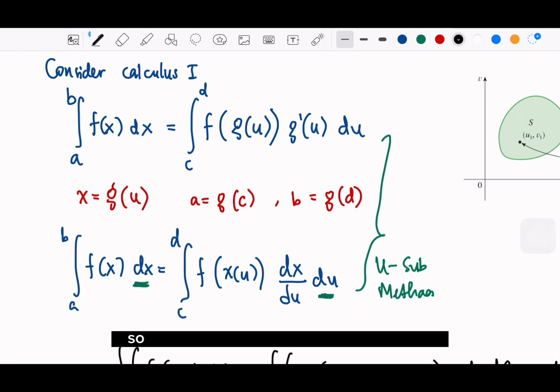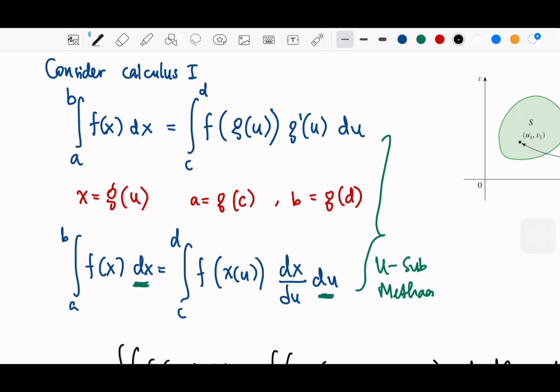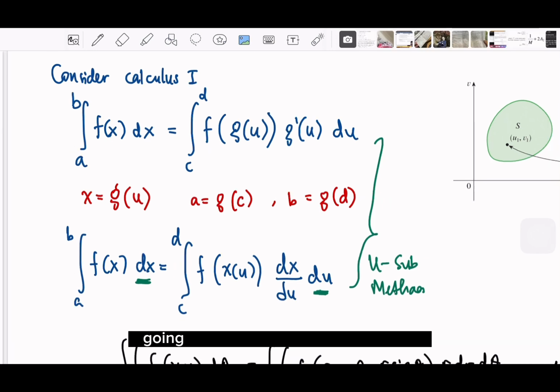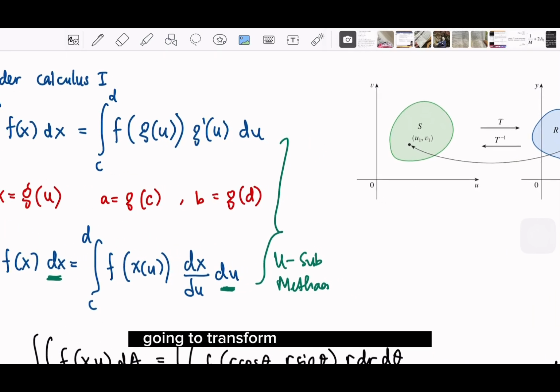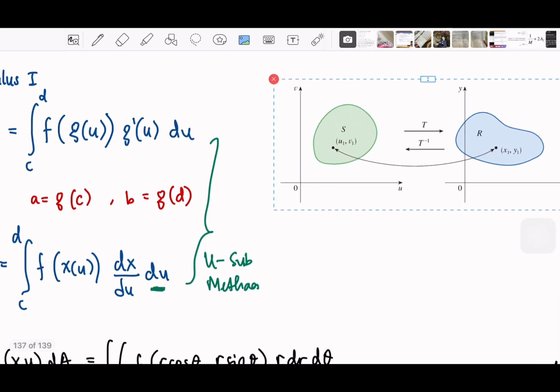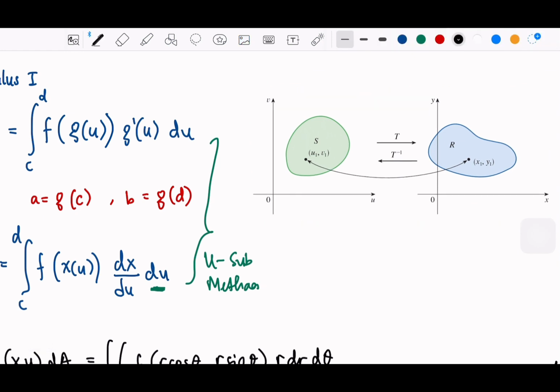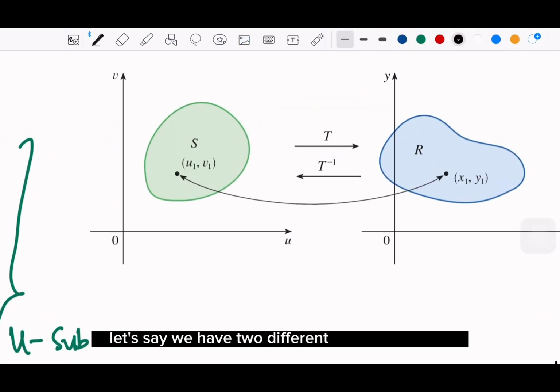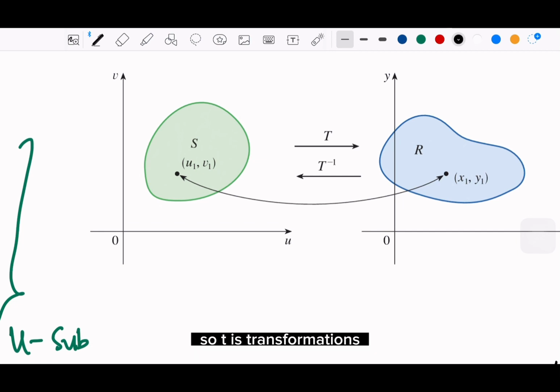So let's set some general perspective here. If we are going to transform something like this, let's say we have two different regions here, S and R. T is a transformation.